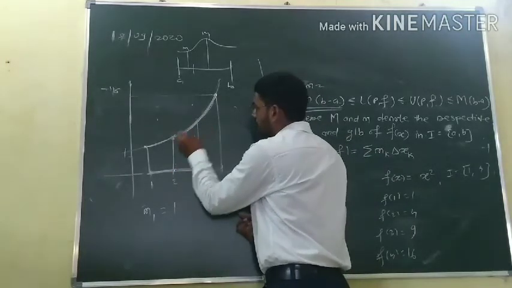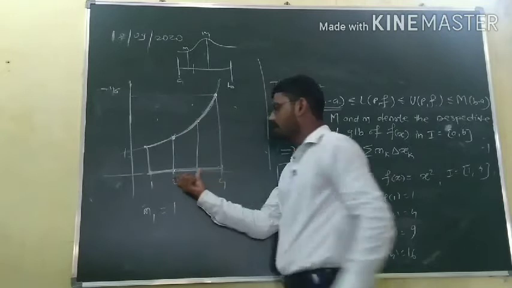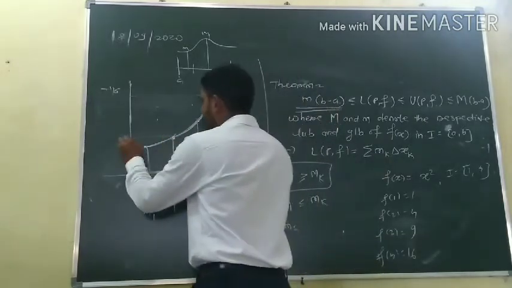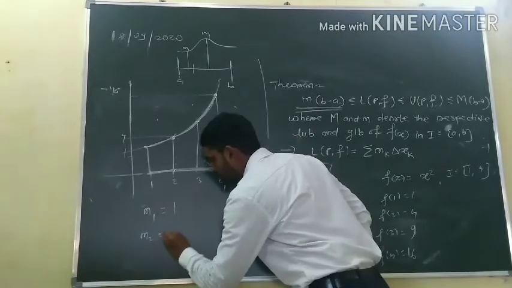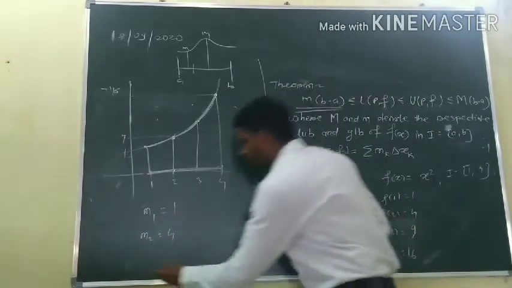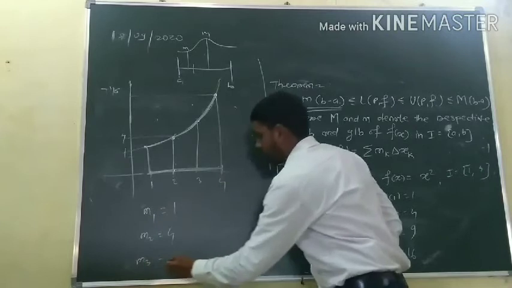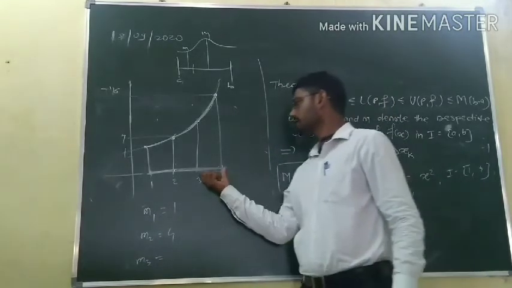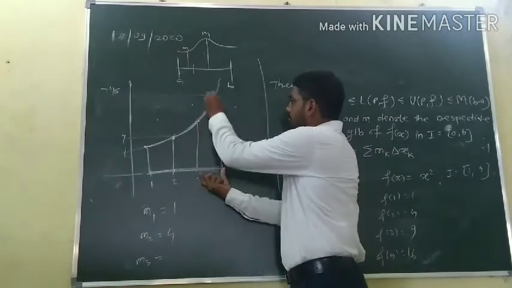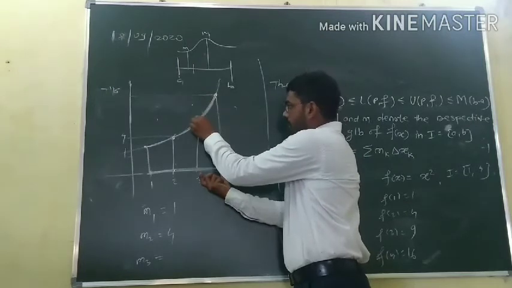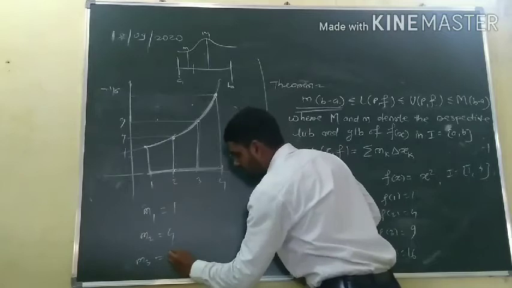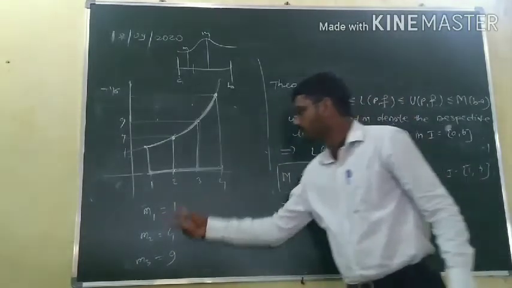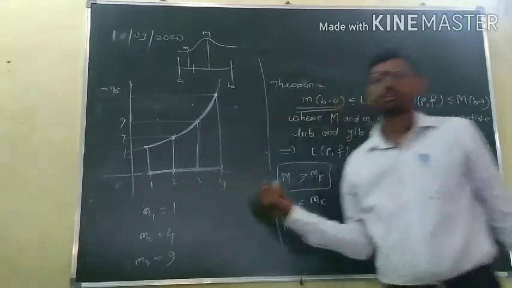This is the minimum and this is the maximum in this subinterval, and it is the square of 2, that is 4. So small m2 is 4. For small m3, the minimum value of the function in this subinterval is the square of 3, which is 9.